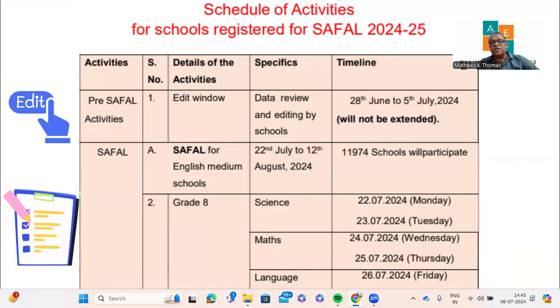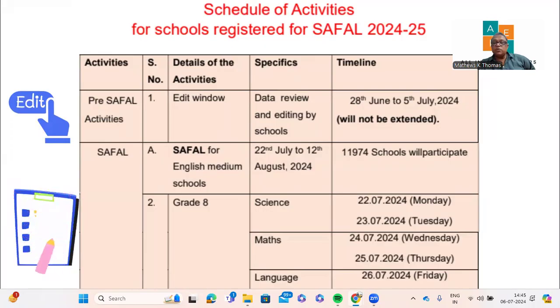So obviously they will be in the next class. If you're giving a class 8 exam, obviously the present class 8 students have just completed 1 or 2 months in class 8. They will not know the class 8 syllabus. So it is the 9th students who are giving this class 8 exam of the SAFAL. Your present 9th students are giving this exam based on class 8 SAFAL, and your present 6th will give the 5th and present 4th will be giving 3rd.